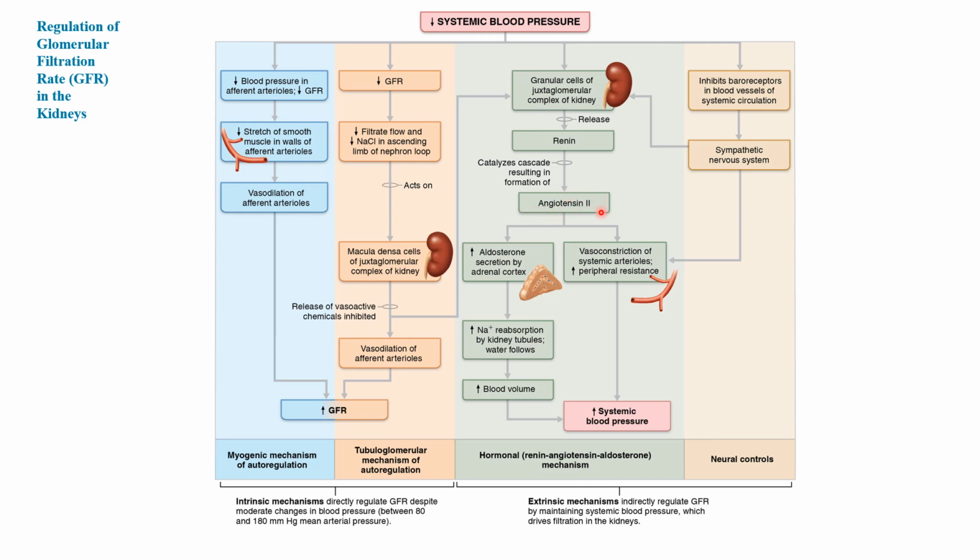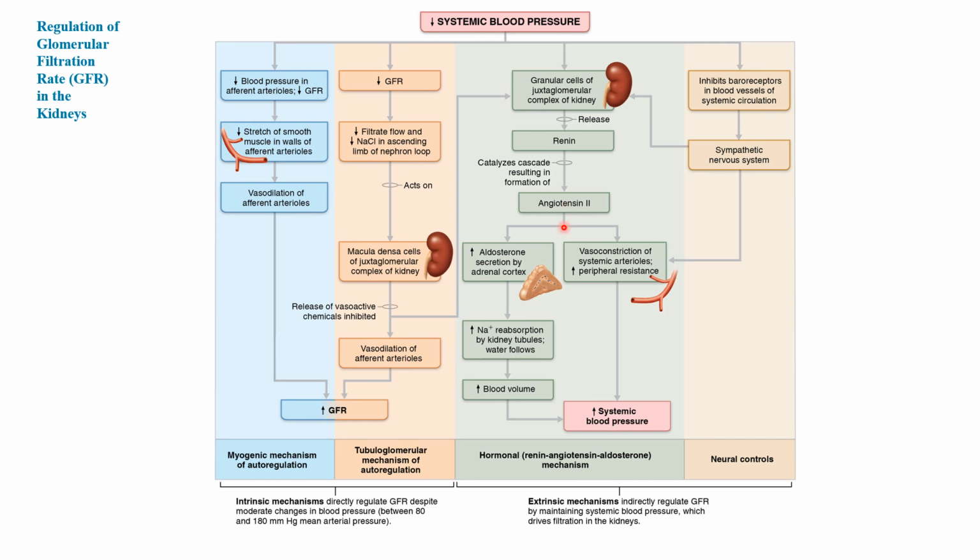So angiotensin 2 is made from angiotensinogen, and there are many steps in this process, but the end product is angiotensin 2. Now this angiotensin 2 is a direct vasoconstrictor of the systemic arterioles, and when it vasoconstricts the systemic arterioles, the peripheral resistance increases, which leads to increase in blood pressure.